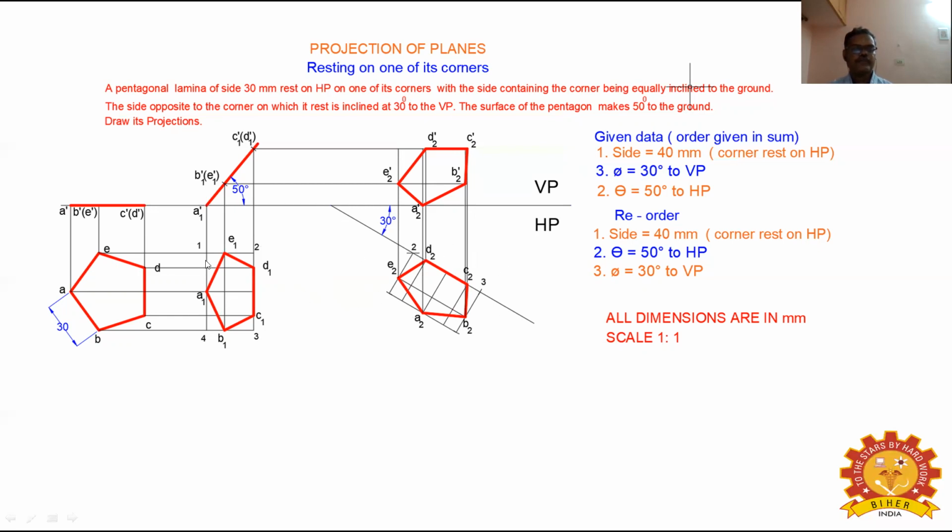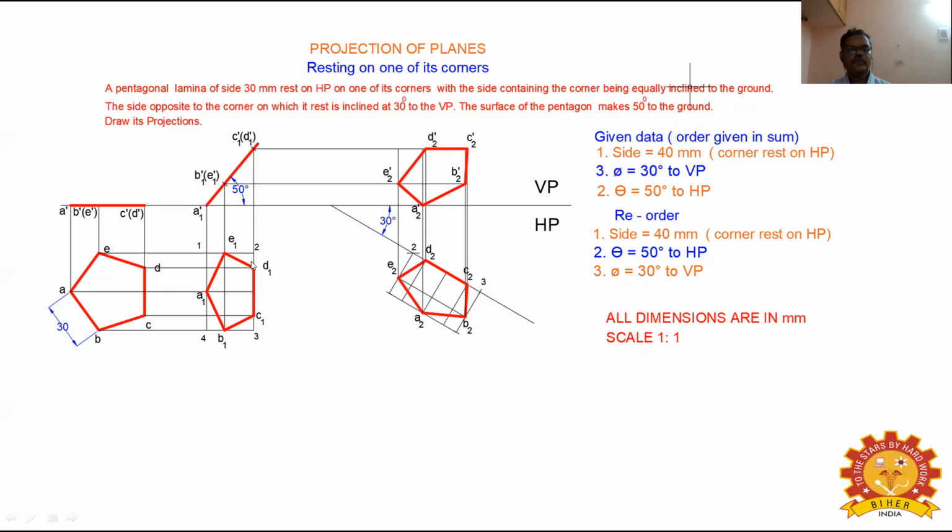First, mark that the side opposite to the corner is CD. Therefore, we have to keep 2 and 3 here, not 1 and 4, because this is the side opposite to the corner A. Therefore, we keep 2 and 3 on the 30 degree line.